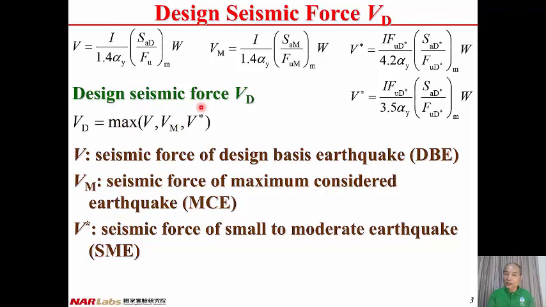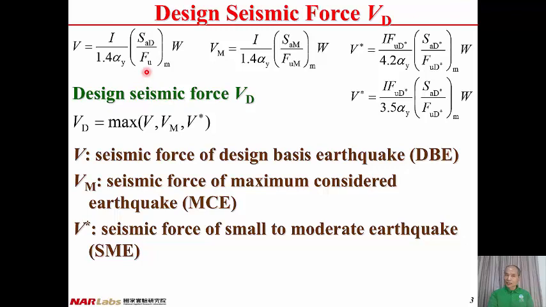That's the seismic force for the design of the structure. We name it as VD, and VD equals the maximum of V, design basis seismic force, VM, maximum considered seismic force, V star, small to moderate seismic force, and the maximum of these 3 seismic forces will be the design seismic force. It's the seismic force for the design of the structure.